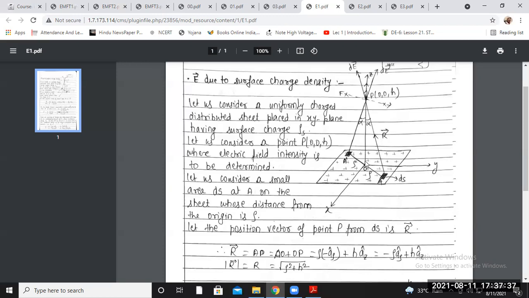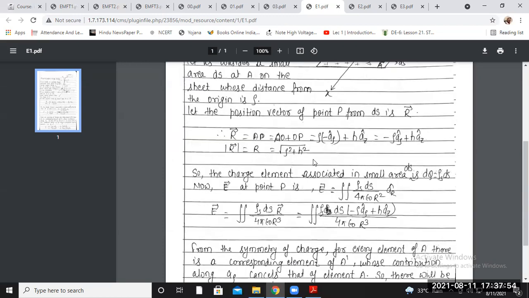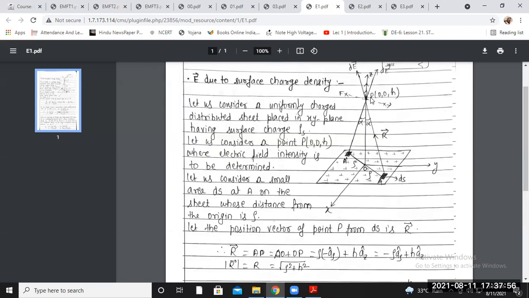When you move from O to P, you are gaining distance, that means you are increasing the length, and as the direction is the z direction, it is taken as h a z. So the position vector r, that is AP, equals AO plus OP.